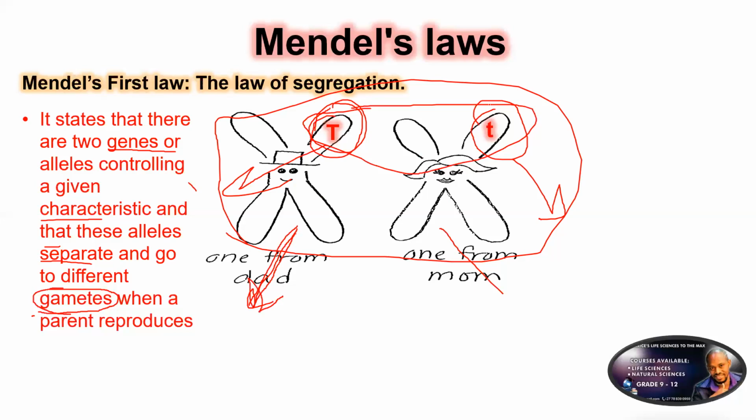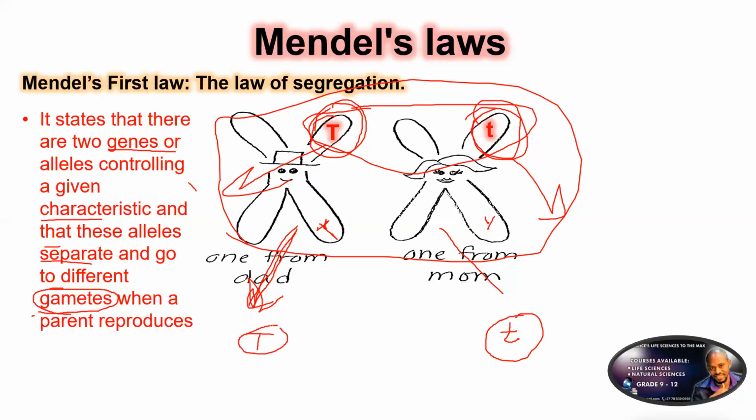In this case here, I've considered just one gene, the gene for height, but in one chromosome, there are thousands of genes. But our gene of interest here is the one for height. That's why I'm only putting that one. As this one is separating, other genes are as well separating. And that's what happens so that one gamete will inherit only one copy of each gene.